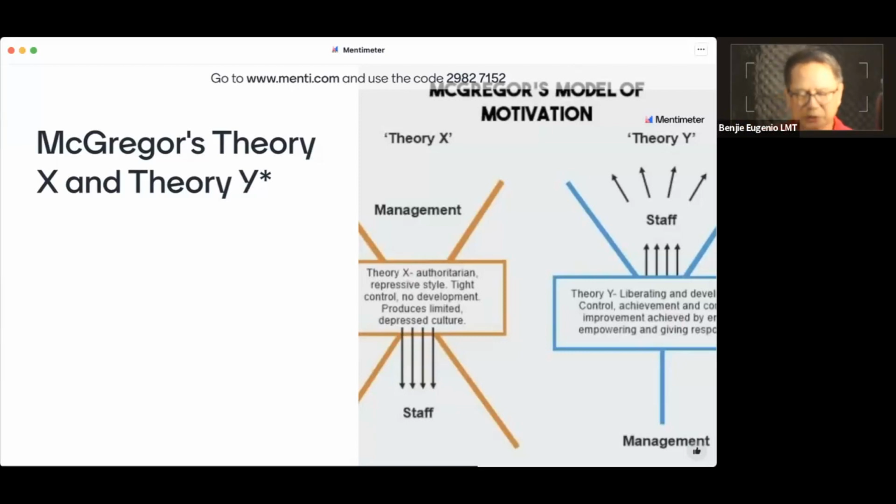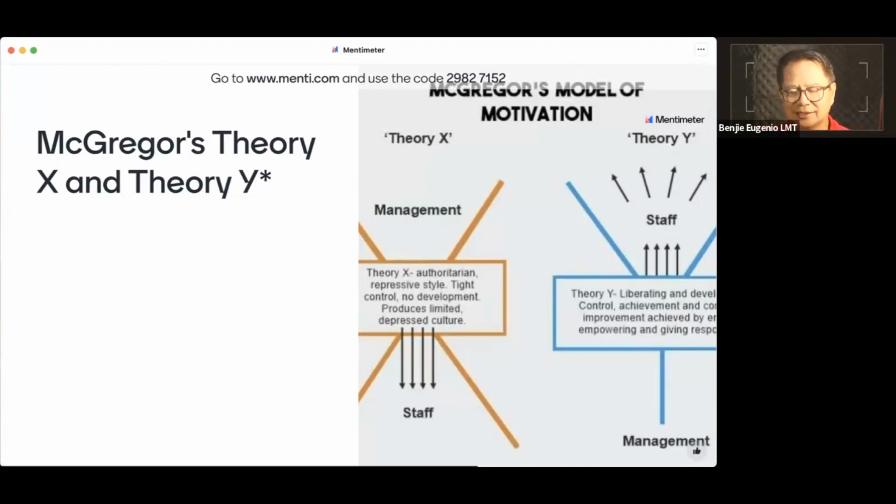Ano ang iyang gina-assume? Siling ni McGregor, theory X says that the employees are inherently, meaning to say ara na sa iyang system, lazy, tamad gid siya. And that person has no love for work.